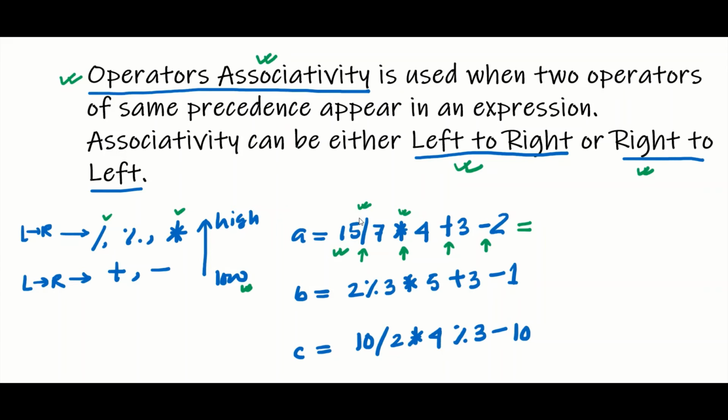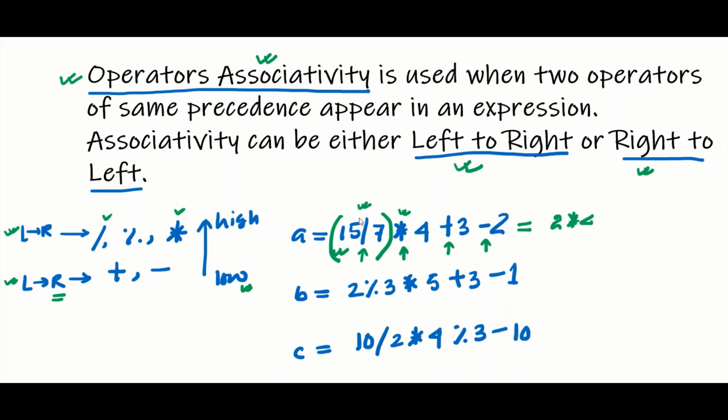So here we are using binary arithmetic operators. For binary arithmetic operators, associativity is left to right, for division, multiplication and modulus, similarly for addition and subtraction. All binary arithmetic operators will act from left to right. So we'll just pick the left side part of the expression. 15 divided by 7, integer divided by integer, the answer will be an integer.